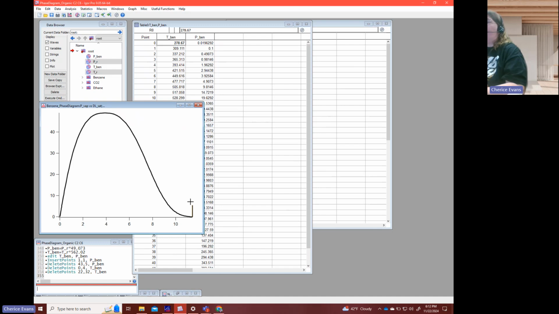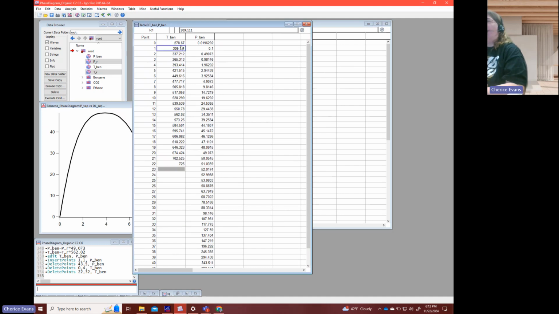And I'm actually going to shift this isotherm just a little bit. So I have one at 309, and there's about 30 degrees difference here. So I'll make this about 25 degrees different. So 309 minus 30 would be 279. So if I do 309 minus 25, that'll be 284.